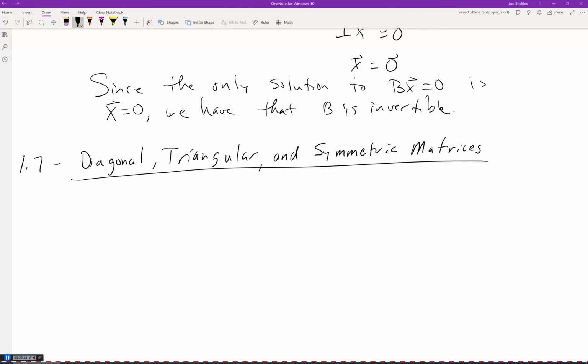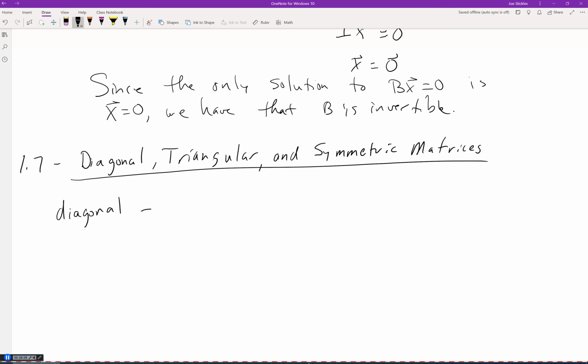So the names kind of give away what they are. We've talked a little bit about diagonal matrices to start with. Diagonal just means, by the way, these all have to be square. So everything in this section is going to be a square matrix. We're not going to have anything that's not square. Okay.